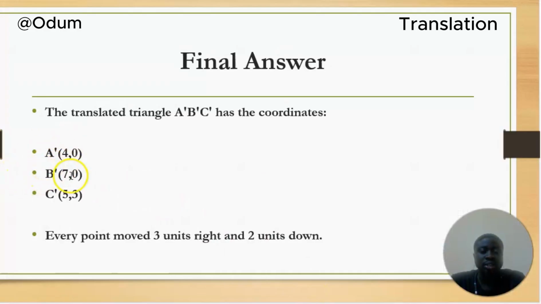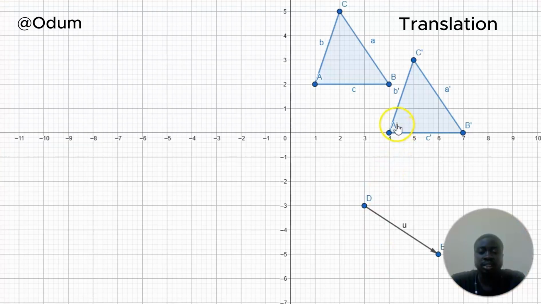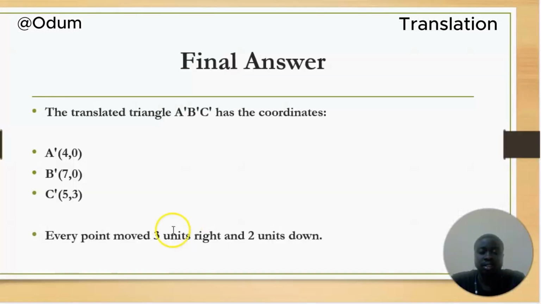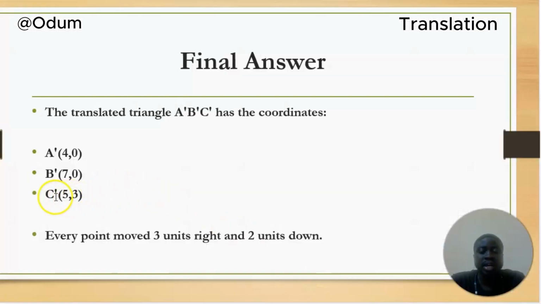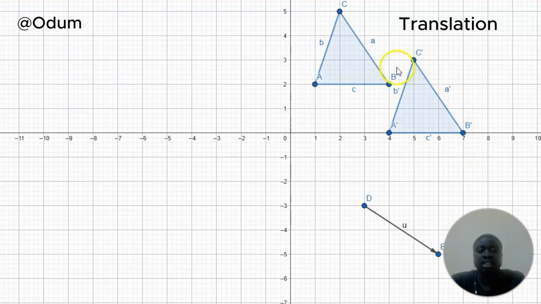The translated triangle A prime, B prime, C prime has the coordinates A prime (4, 0), B prime (7, 0), and our last one, C prime (5, 3). So we have been able to translate this using a translation vector.